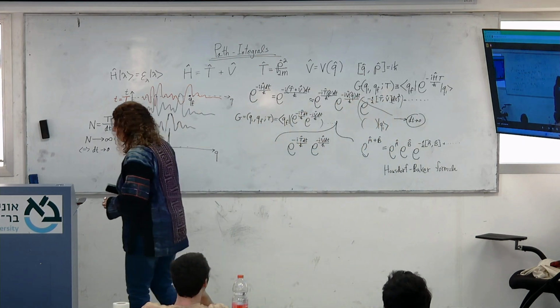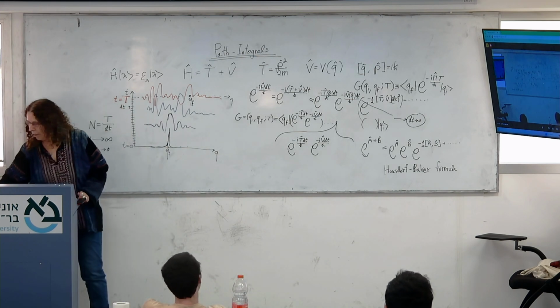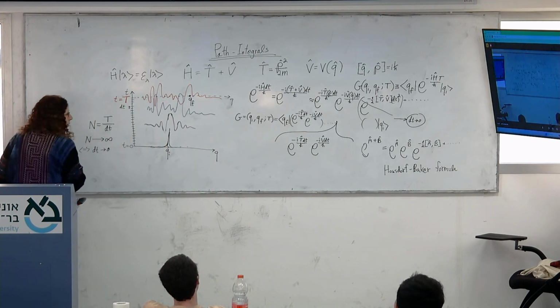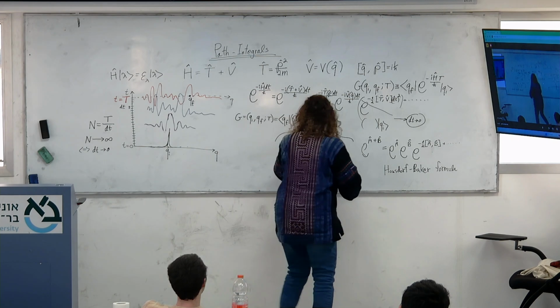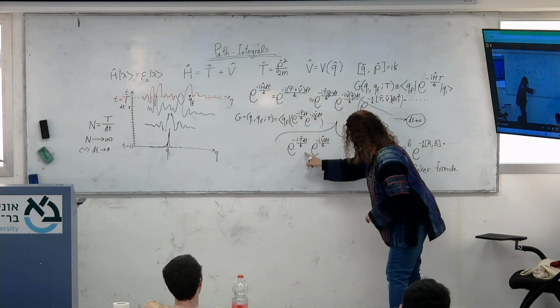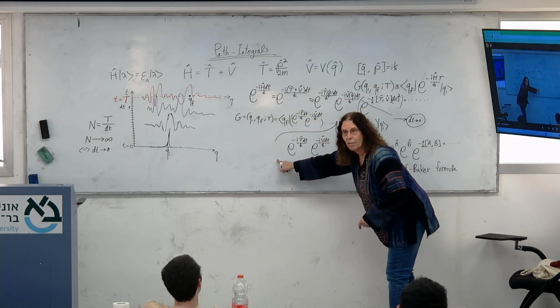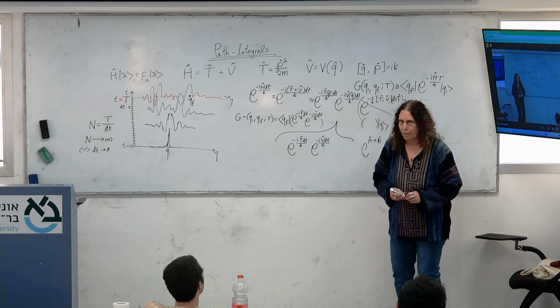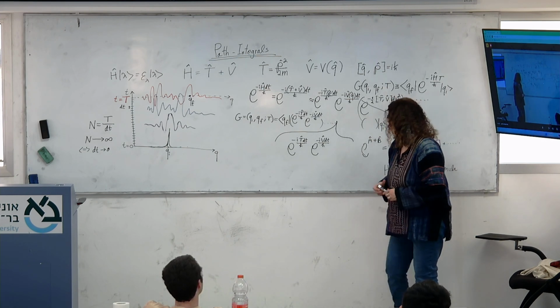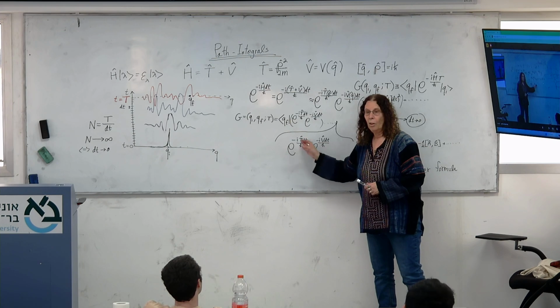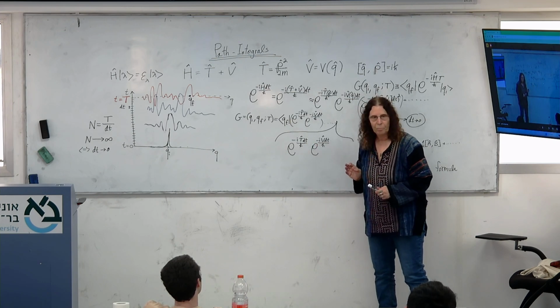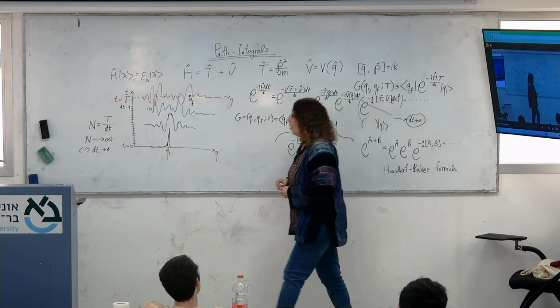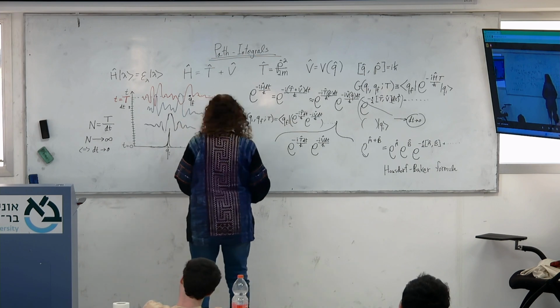And what I'm going to do now is to introduce in the middle between the two operators a resolution of identity which projects them on their eigenstates. Okay?